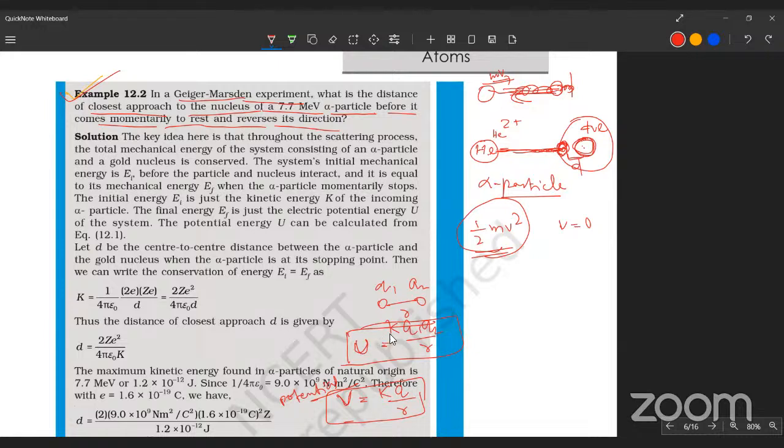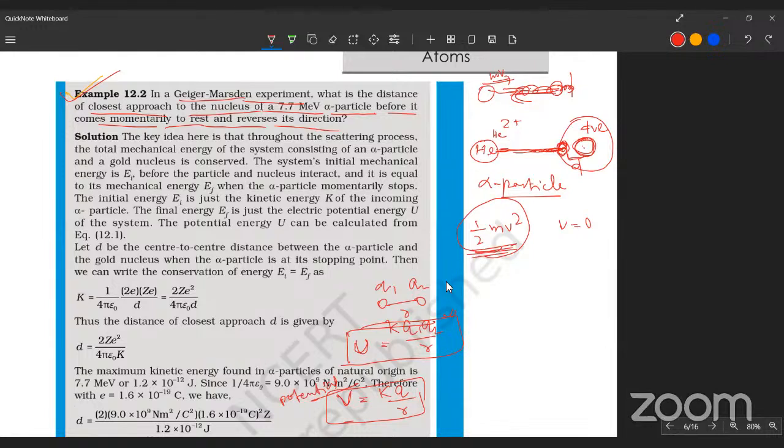So in this case, what is q1 and q2? Q1 is the charge due to the helium, Q2 is the charge of the nucleus, right? This potential energy will be equal to the initial kinetic energy of the helium.